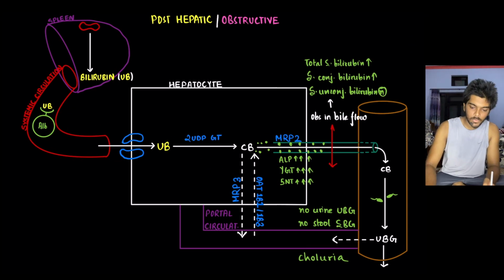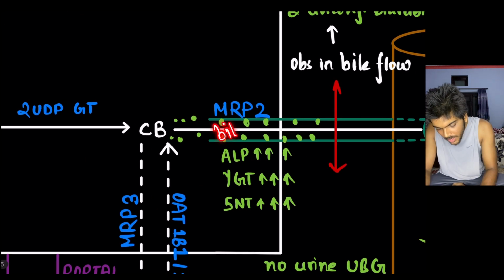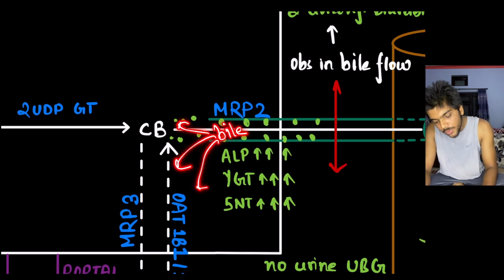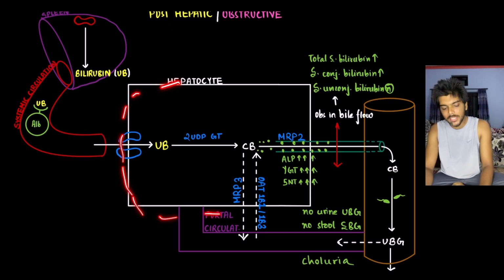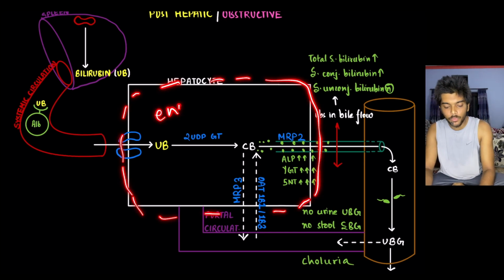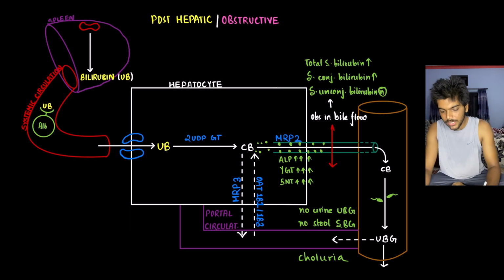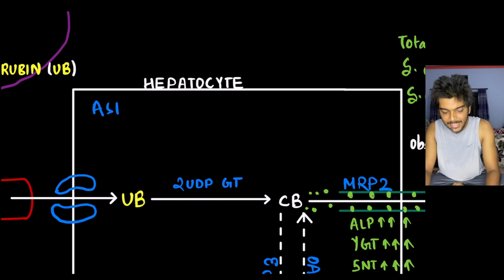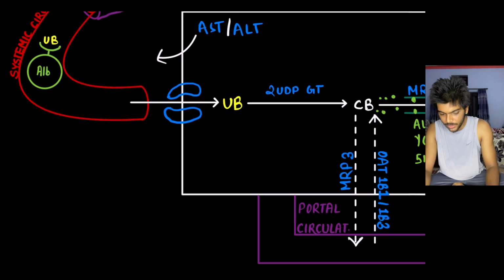Due to biliary obstruction, eventually, since bile salts are getting pushed into the cell, the bile salt is obviously toxic to the cell. It is going to harm the cell, and the cell is going to get damaged as well. So the enzymes present within the cell are going to come out later. What is present within the hepatocyte? AST and ALT. They will leak out after damage to the cell.